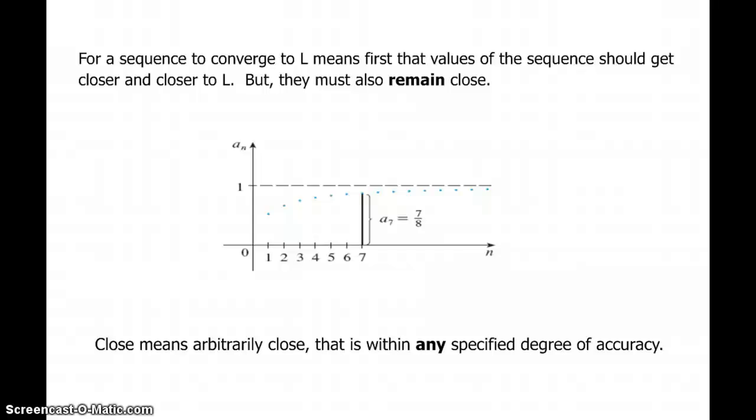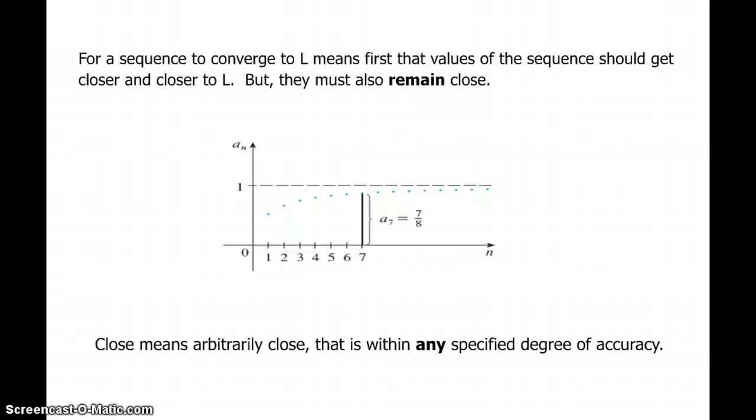So let's see what it means for a sequence to converge. So for a sequence to be convergent, or for us to say it converges to a value of L, means first that as n gets larger and larger, the elements of the sequence should get closer to a value of L. But they must remain close.